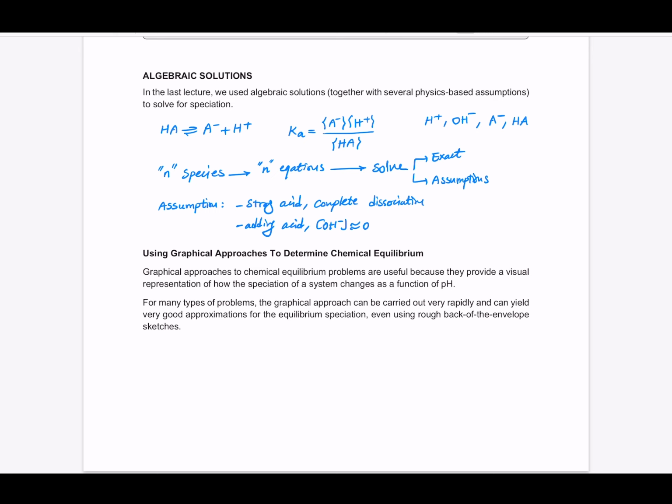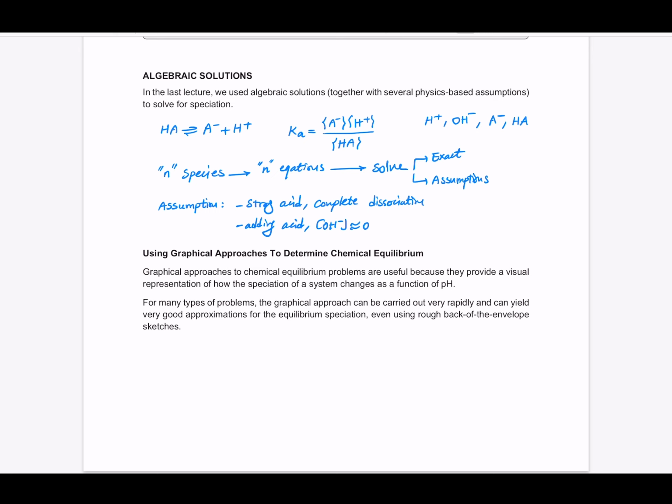We used algebra before, but now we want to use graphs. Graphical approaches to chemical equilibrium problems are useful because they provide a visual representation. As with any other graph, we can look at it visually, and it provides very fast, rapid information.